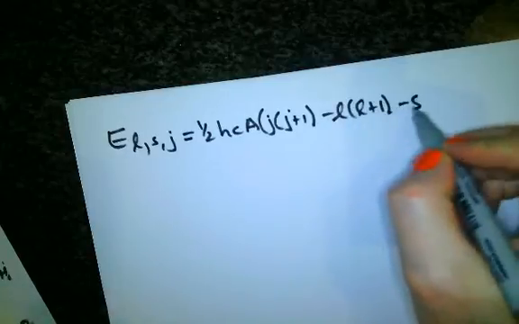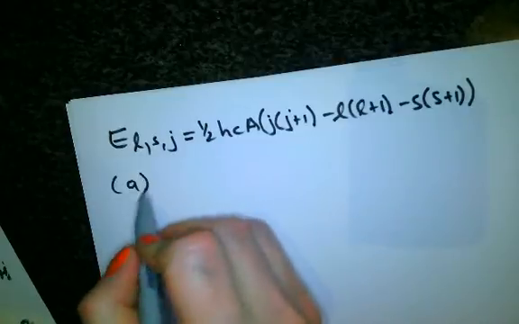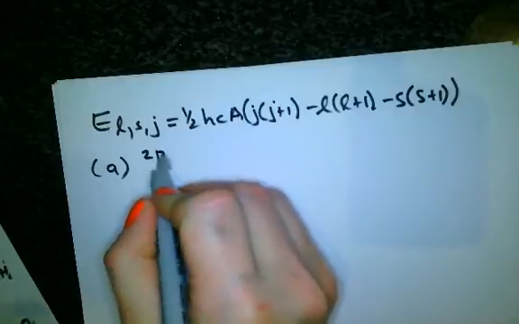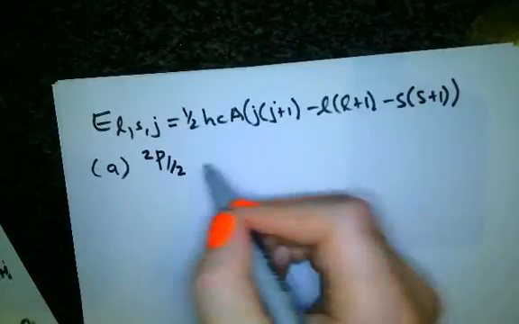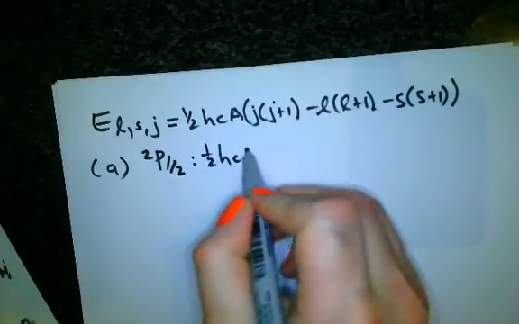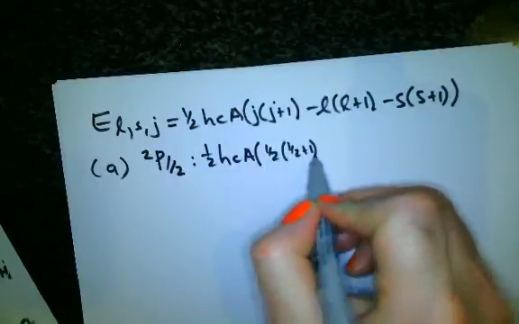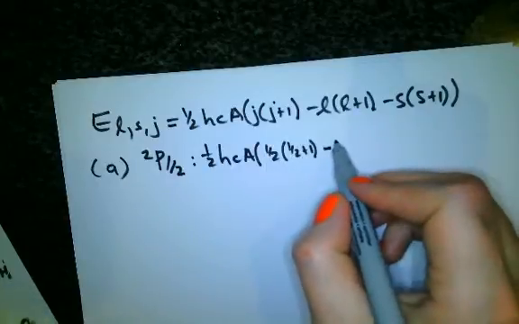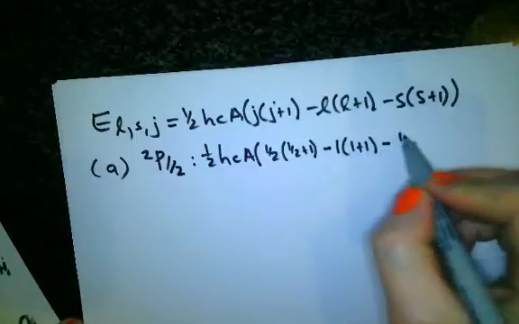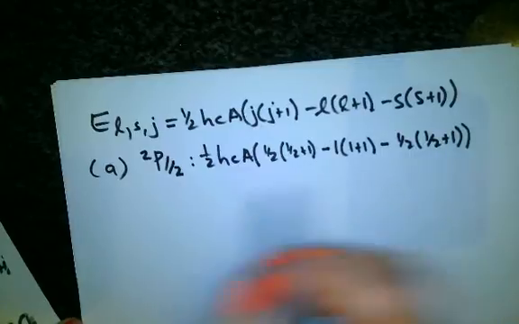Okay, so for the A configuration, which is the 2P 1/2 term, the energy is half hcA, with J a half, L in this case equal to 1, and S always a half. And that gives you an answer of minus hcA.